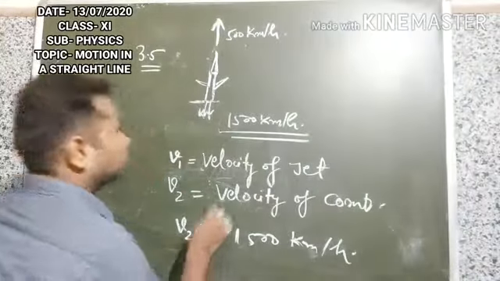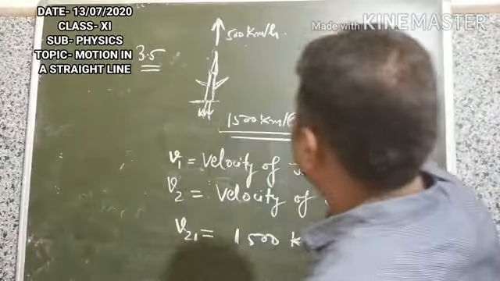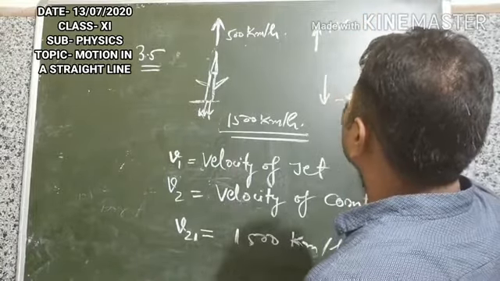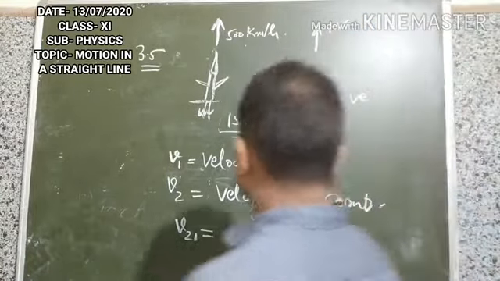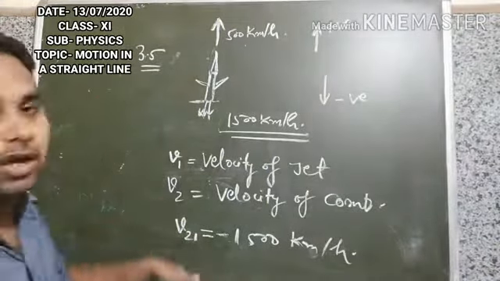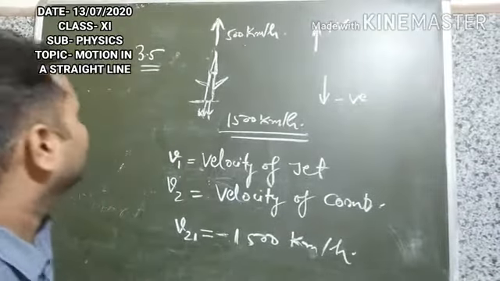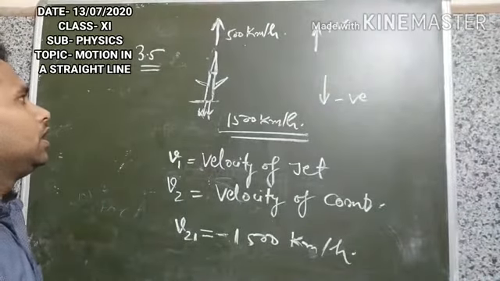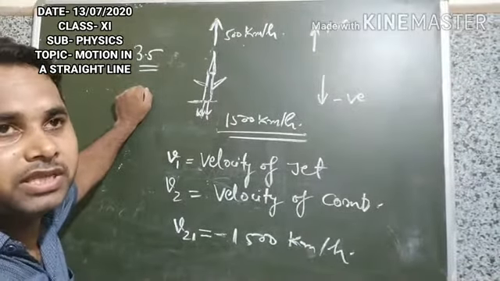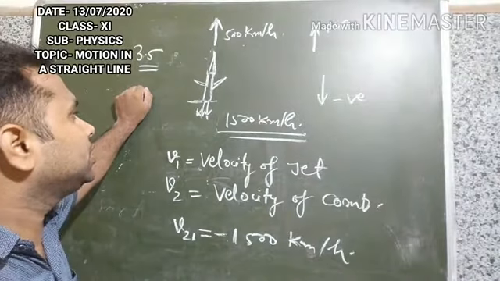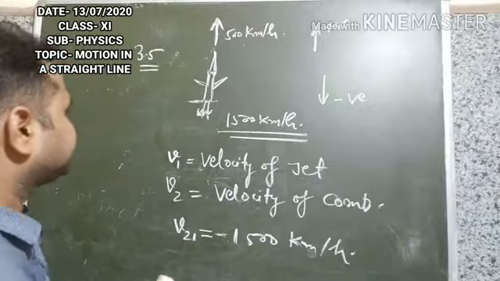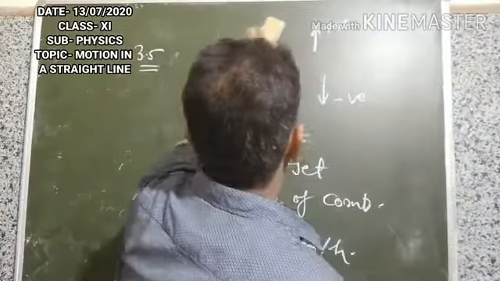If upward motion is taken as positive, then downward motion will be negative. So it should be negative because the product of combustion is coming downward. In this question we have to find the actual speed of the product of combustion, that is, the speed observed by the observer on the earth's surface.